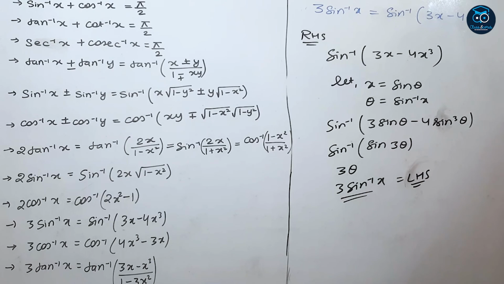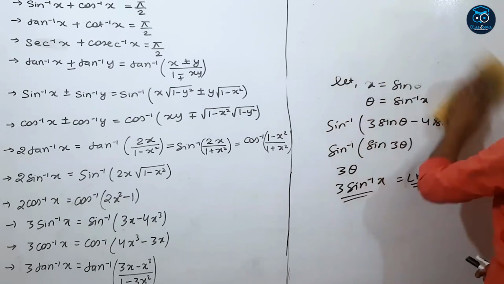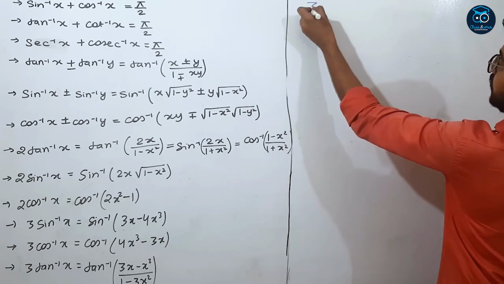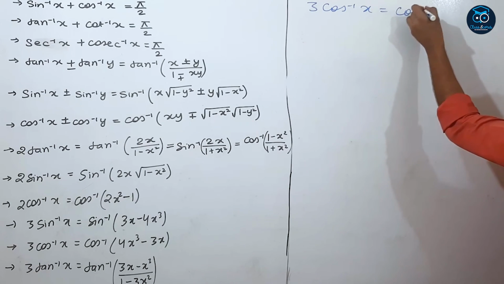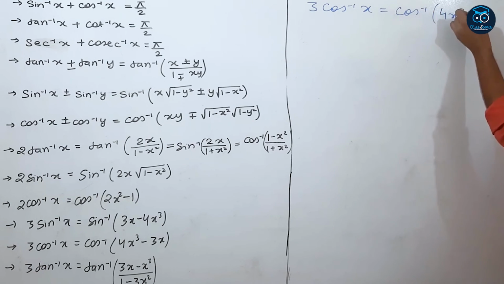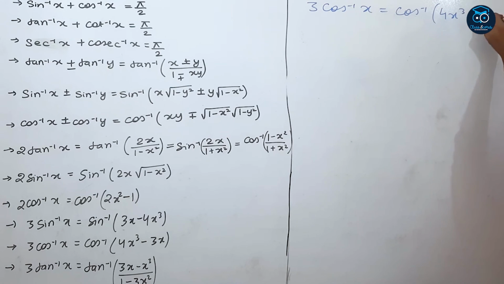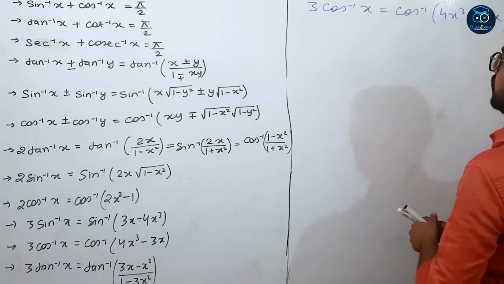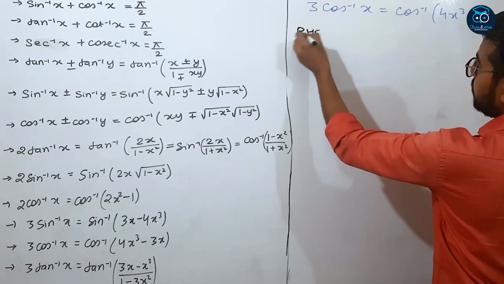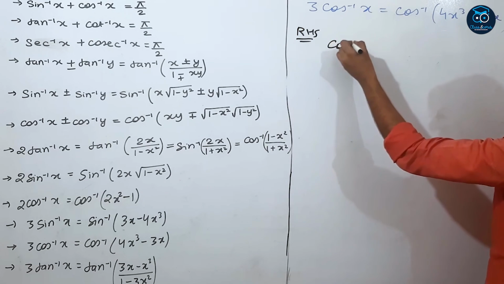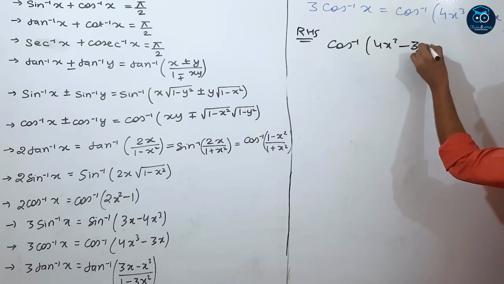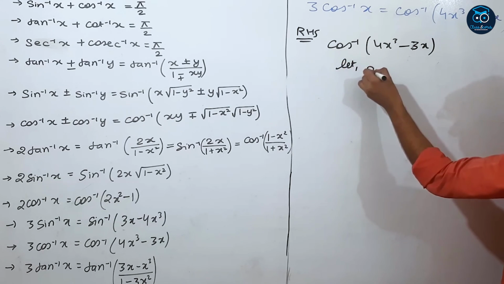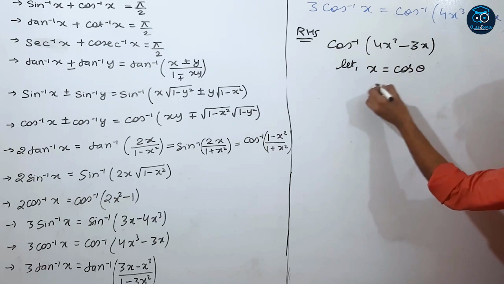Now moving towards the next identity, that is 3 cos inverse x equals cos inverse 4x cube minus 3x. Just take the RHS, that is cos inverse 4x cube minus 3x, and let the value of x equal cos theta.